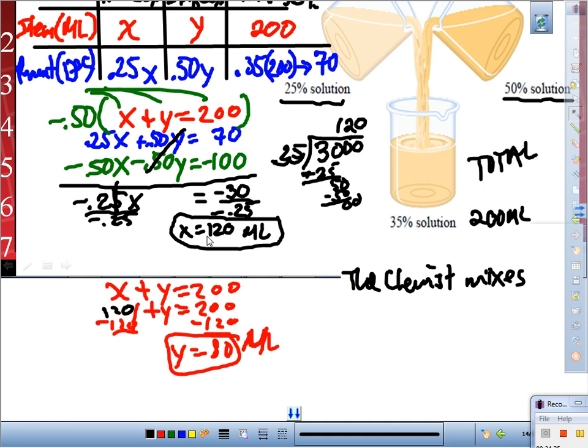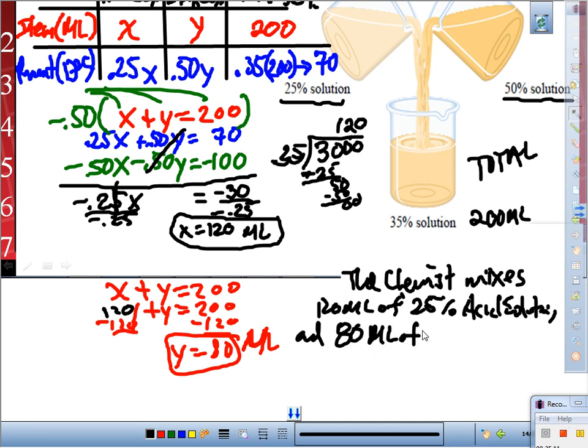The chemist mixes 120 milliliters of, what does the 120 milliliters correspond to? Of 25% acid solution, comma, and 80 milliliters of 50% acid solution. Thank you.